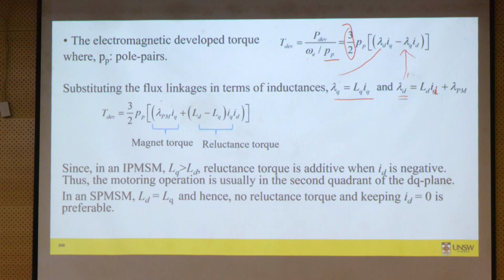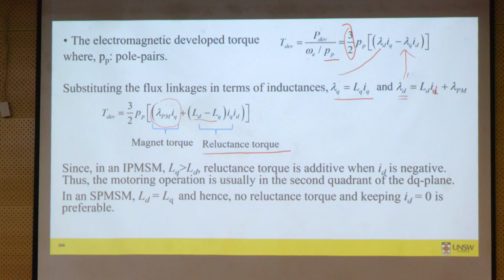And the first part is related to magnet only, so we call it magnet torque. And the second part is due to the difference in saliency in the D and Q axis, represented by the LD and LQ difference. So that's the reluctance torque, difference in reluctance, right?